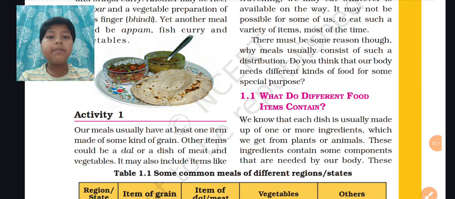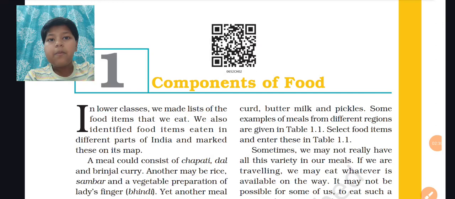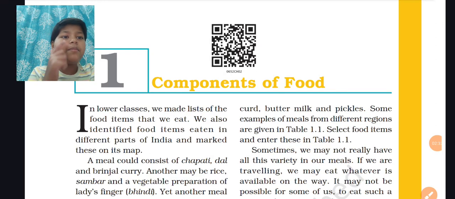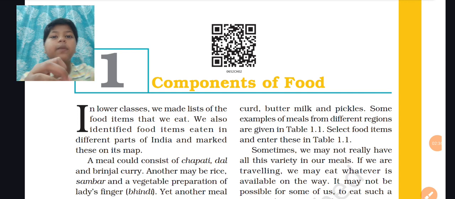So, our meals usually consist of at least one item which is grain, and other items could be dal or vegetable, and sometimes meat also. It may also include items like curd, butter, milk, and pickles, right? You eat curd with your food, buttermilk, and pickles.